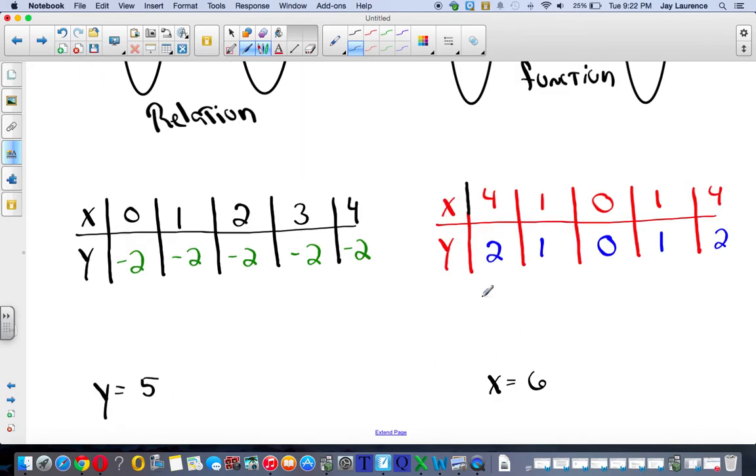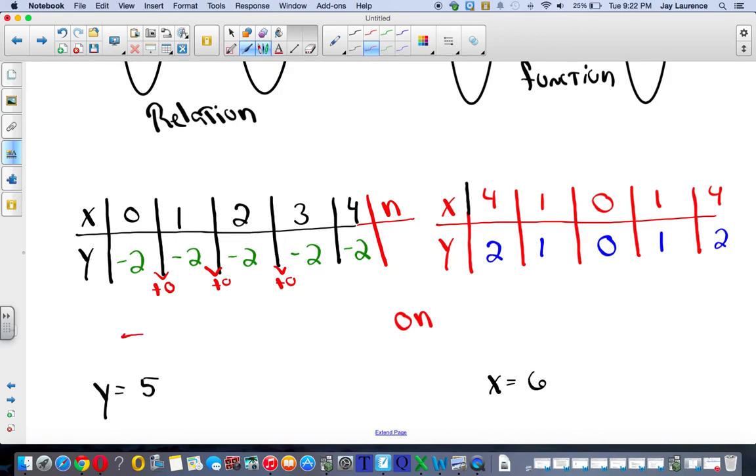Let's see. Let's test this. Now notice I didn't put f of x here because I don't know if these are functions or not. Let's go ahead, and it looks like it's going to be plus 0, plus 0, plus 0. So that means the nth term is going to be like 0n, right? That's 0n.